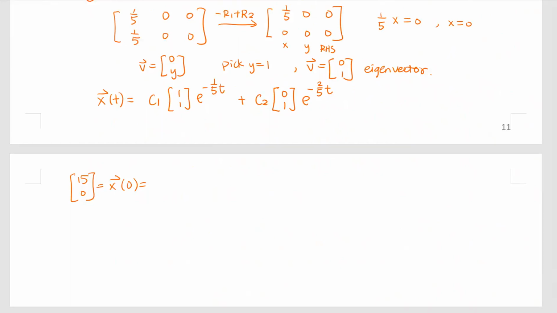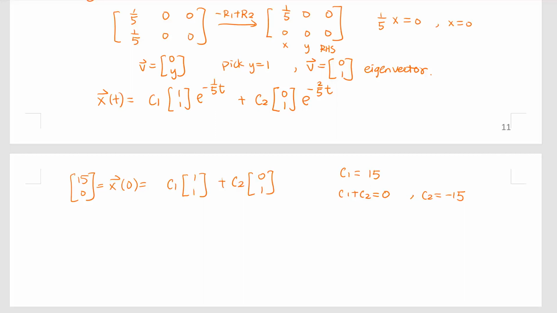When t is 0, we get C1 (1, 1), e to the 0 is 1, plus C2 (0, 1), e to the 0 is 1. Looking at the first row, C1 is 15. The second row, C1 plus C2 is 0, so C2 is minus 15.